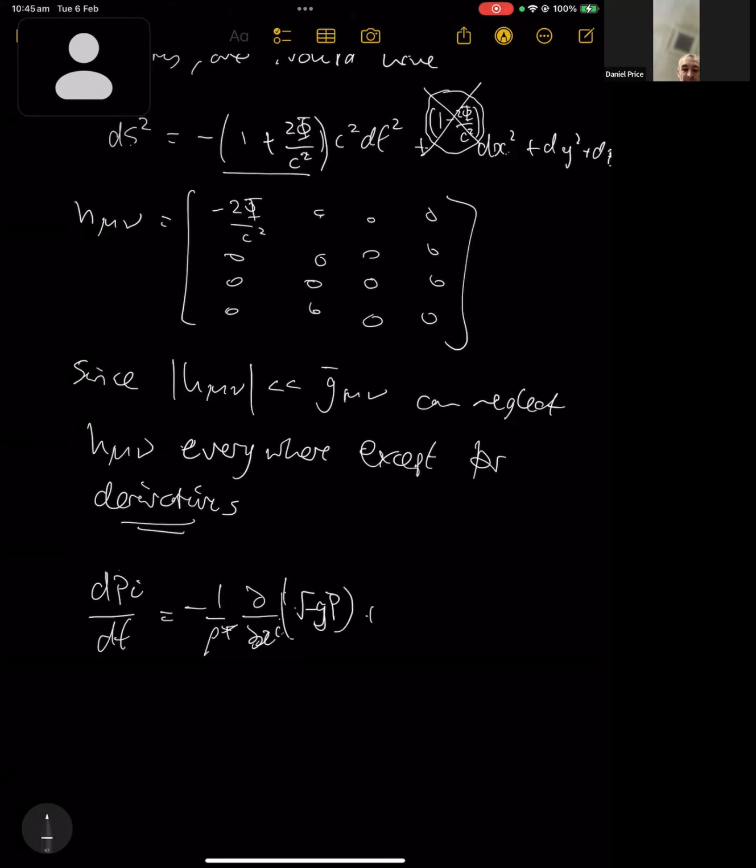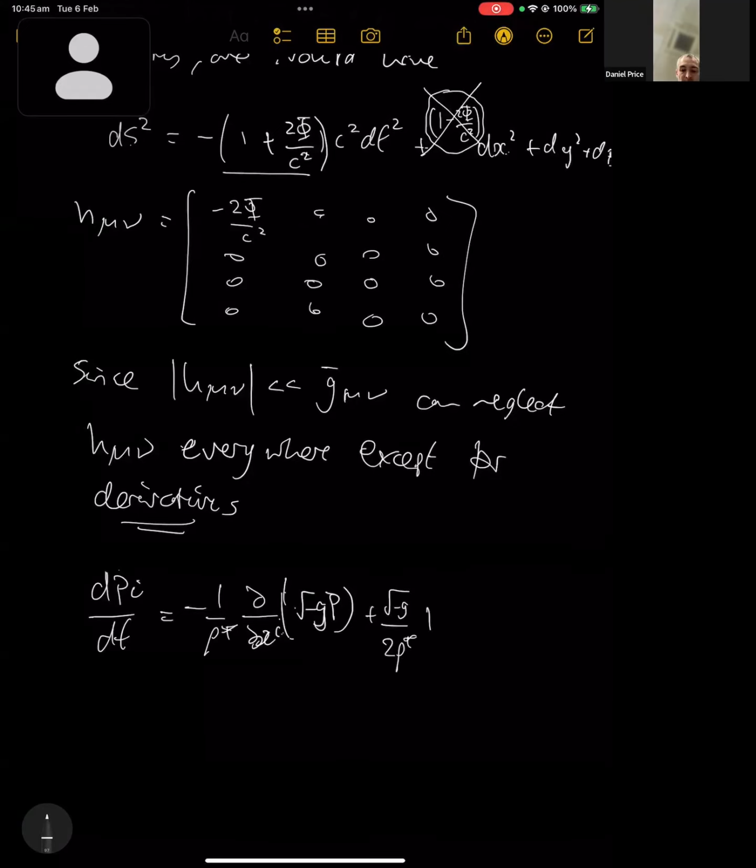But then we have this term which involves gradients of the metric, multiplying rho star t mu nu. So we have the regular term, dg mu nu dxi of the background, and we've got an extra term, which is the gradient of our little perturbation, dh mu nu dxi.